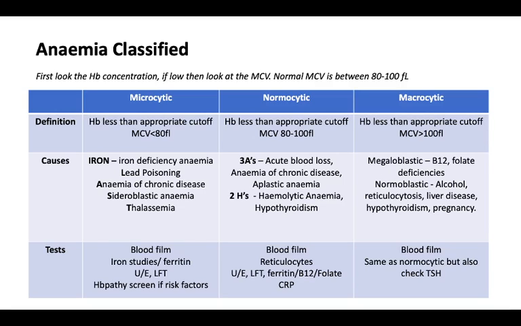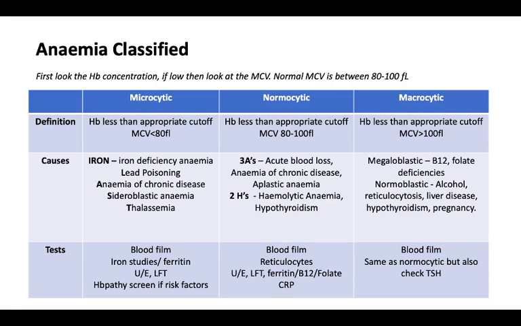In terms of causes of normocytic anemias, you have the 3 A's and the 2 H's. The A's being acute blood loss, anemia of chronic disease, and aplastic anemia, and the 2 H's being hemolytic anemia and hypothyroidism. Macrocytic anemias can be split into megaloblastic anemias and normoblastic anemias.